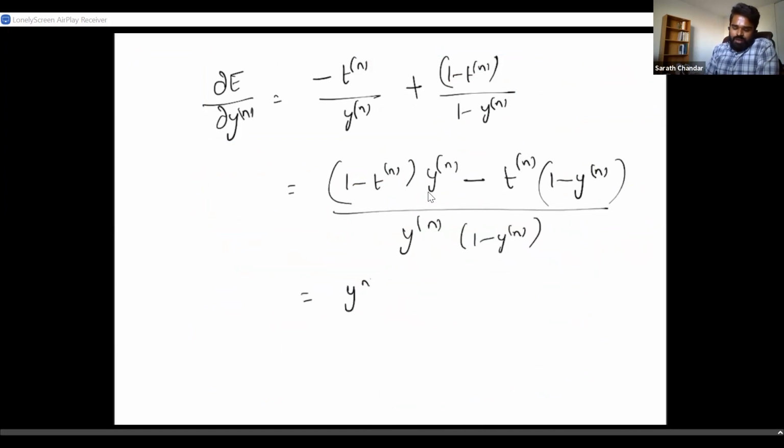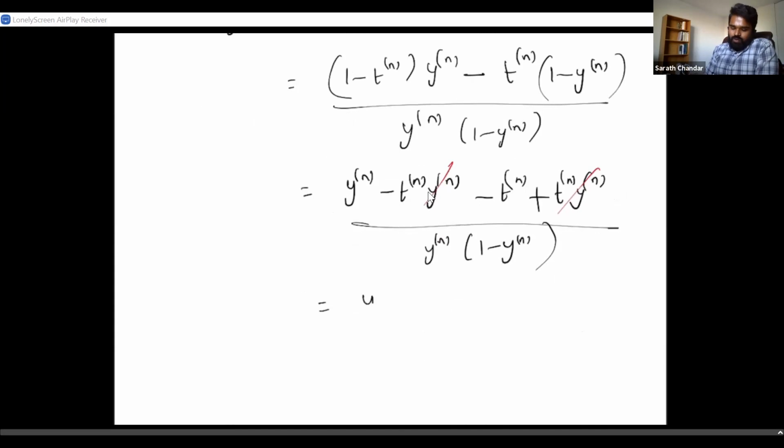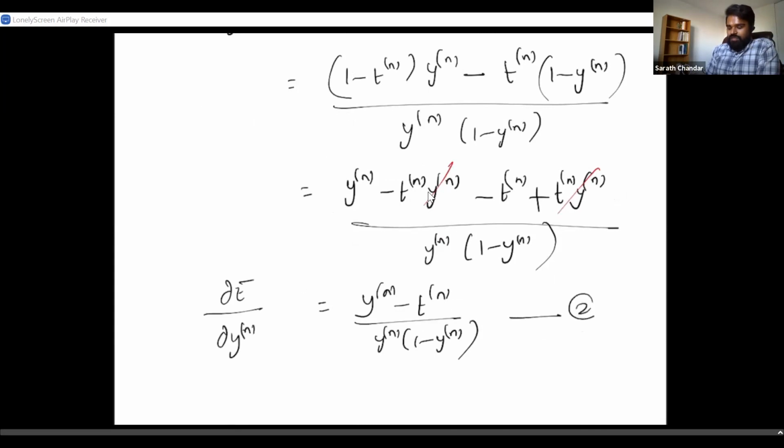So this becomes y of n minus t of n y of n minus t of n plus t of n y of n, divided by y of n times (1 minus y of n). Now these terms cancel, so this becomes y of n minus t of n, divided by y of n times (1 minus y of n). Now this is dou E by dou yn. Let's call this equation 2.